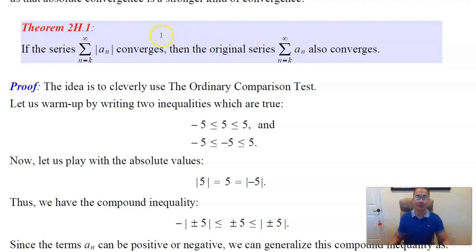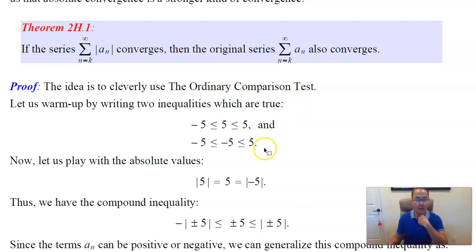So in other words, if you can show this very high bar, that when you turn all the terms positive you get a convergent series, then the series that you started out with also had to be convergent. The way to do this is to cleverly take advantage of the ordinary comparison test. By now, maybe you've become a fan of the limit comparison test because it's so fancy. This one, the ordinary comparison test, rescues us.